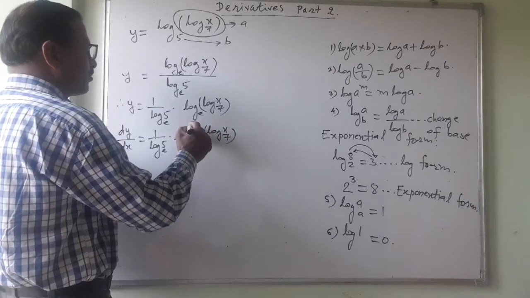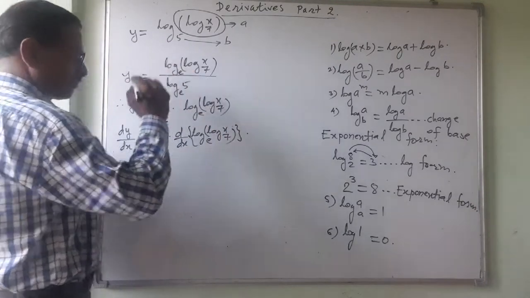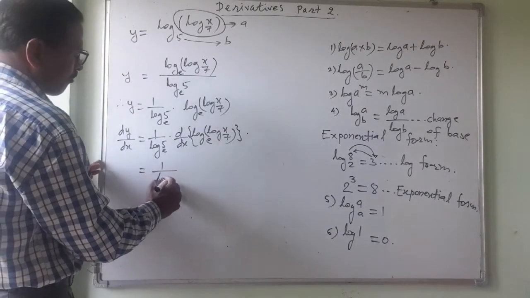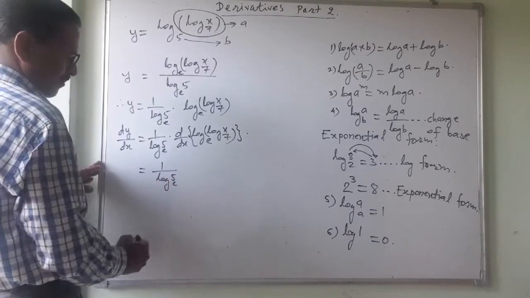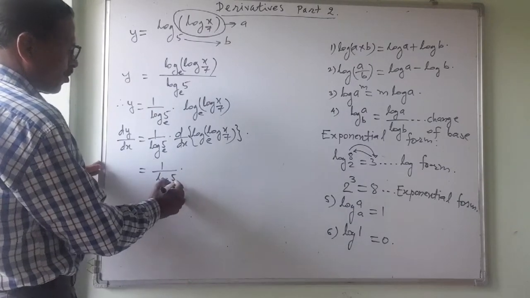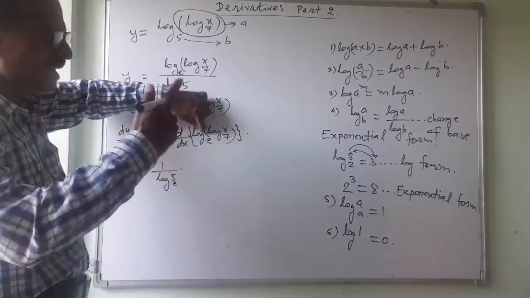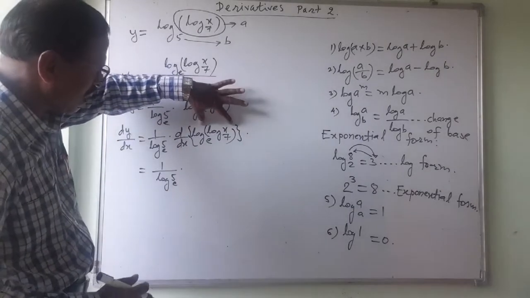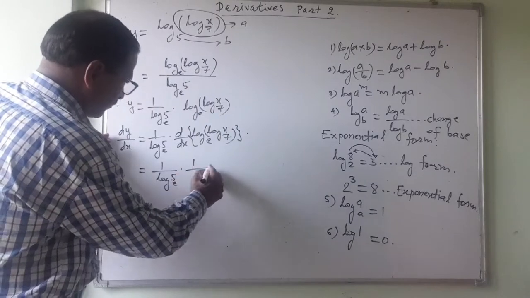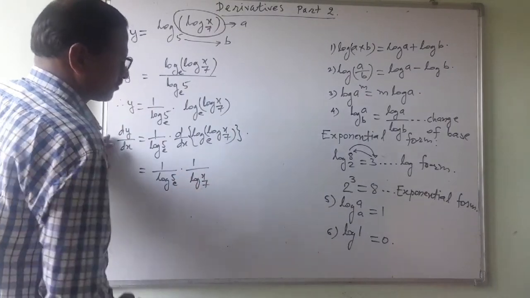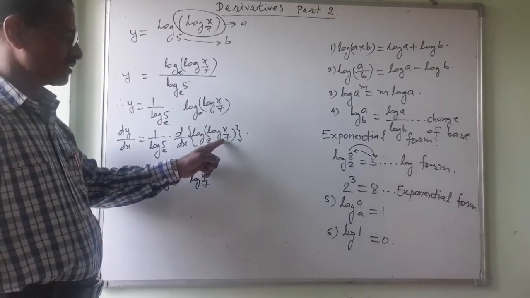So this is equal to 1 upon log of 5 to the base e into the derivative of this log, which is 1 upon log of x to the base 7.